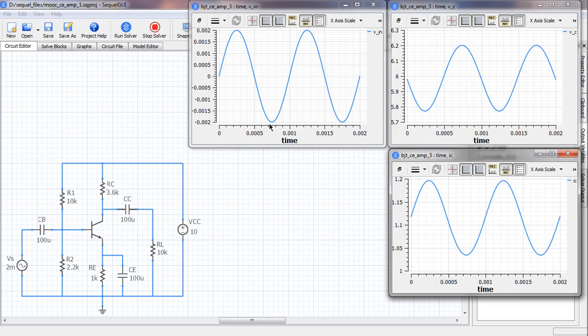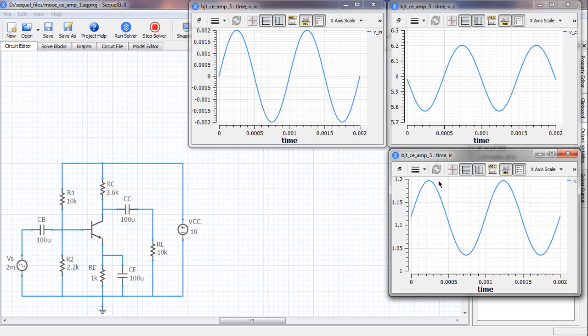As the input voltage varies, the collector current also varies, and as we notice, its DC value is something like 1.1 milliamp. The current here is in milliamps, so its DC value is around 1.1 milliamp, and it varies around that.